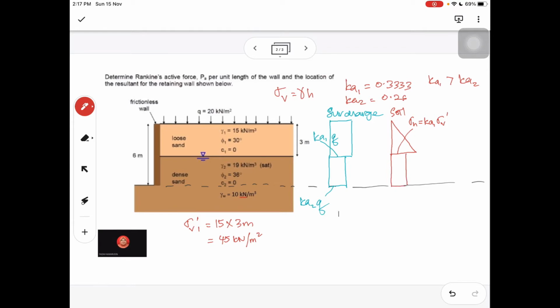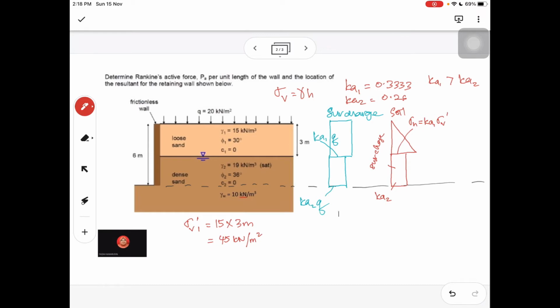Why rectangular? Because this acts as a surcharge, an overburden pressure. All this loose sand gives an overburden pressure to the soil underneath, which is dense sand. So this will be Ka2.